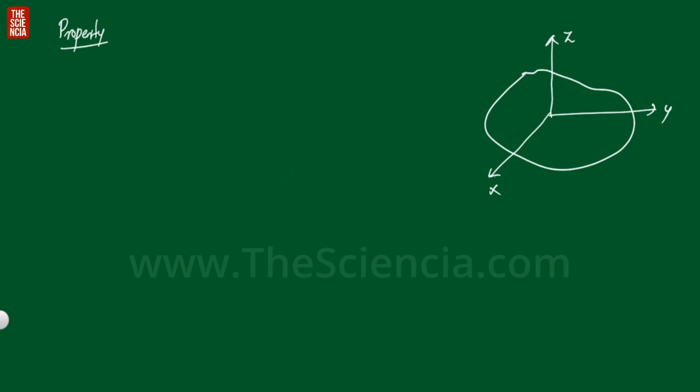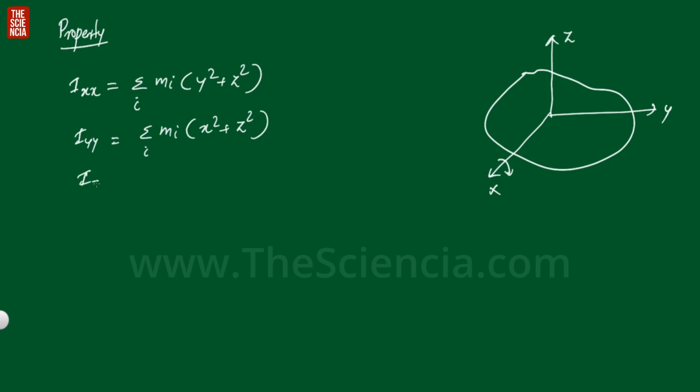So if it is rotating about the x-axis, we get a principal moment of inertia Ixx, that will be equal to, we know, summation over i of mi (y square plus z square), and Iyy will be equal to summation over i of mi (x square plus z square), and Izz will be equal to summation over i of mi (x square plus y square).